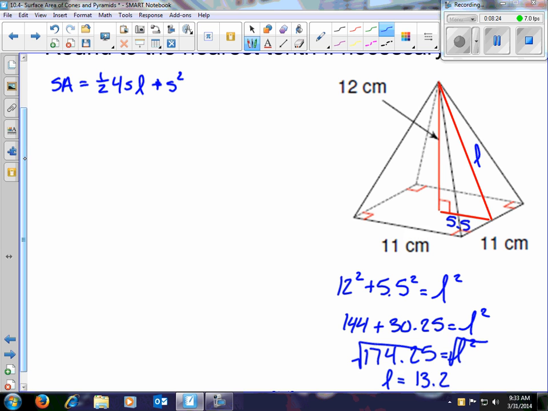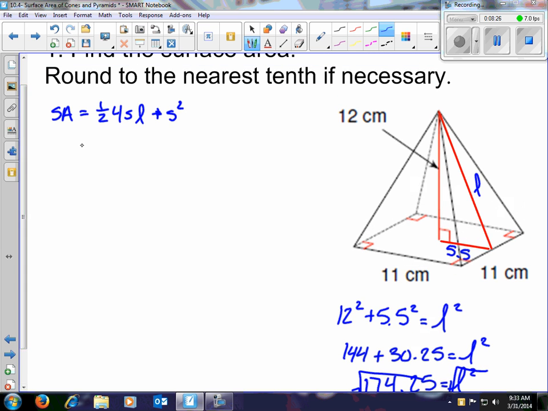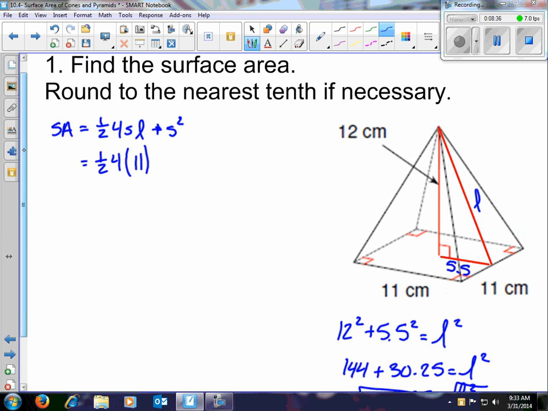So when I'm back up here in my equation, I have 1/2 times 4 times my side, which is 11, and we found our slant height, which was 13.2, plus my side squared. So I have 11 squared.